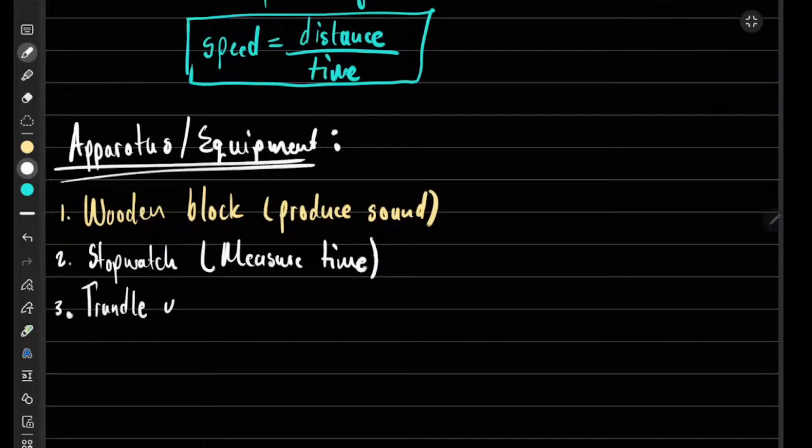When you are measuring distances, there is a rule which says that when you measure things, you must have an appropriate instrument.